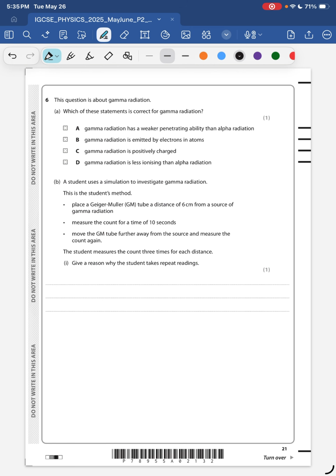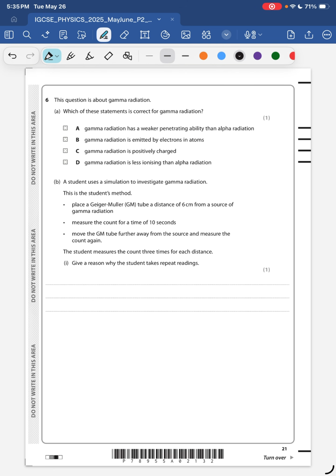Question 6, this question is about gamma radiation. Which of these statements is correct for gamma radiation? Option A, gamma radiation has a weaker penetrating ability than alpha. That's the other way around, actually, so that's wrong. B, gamma radiation is emitted by electrons in atoms. It's wrong, but what I'm trying to say is that X-rays and UV light and infrared light are emitted by electrons.